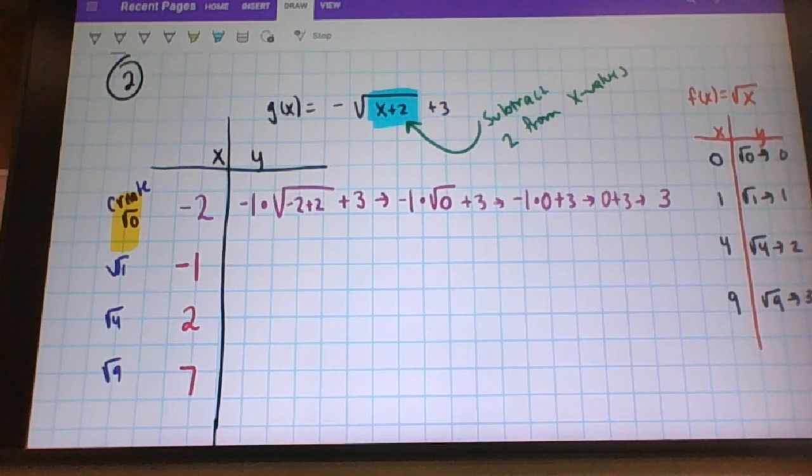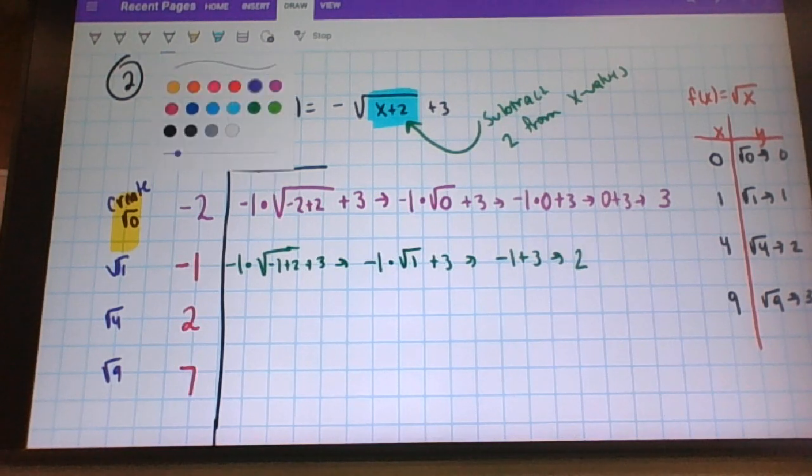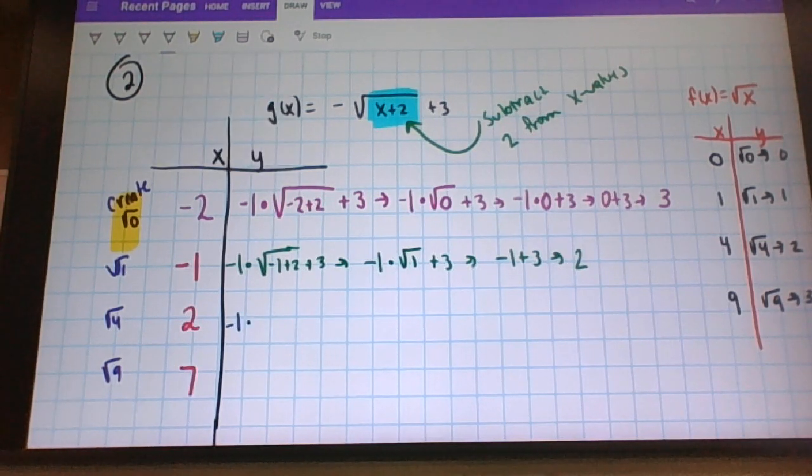Remember. Negative 1 times the square root of 1 plus 2, plus 3. Negative 1 times the square root of 4, plus 3. Negative 2 plus 3, 1.